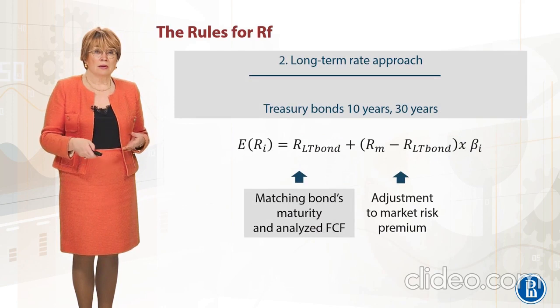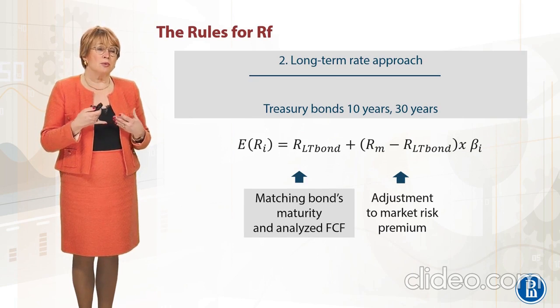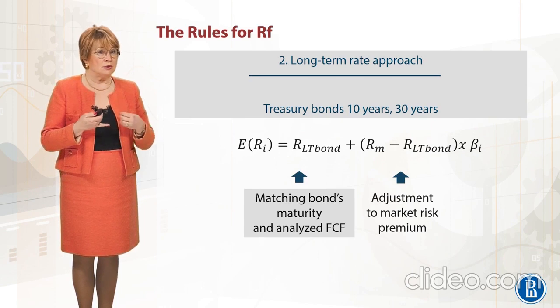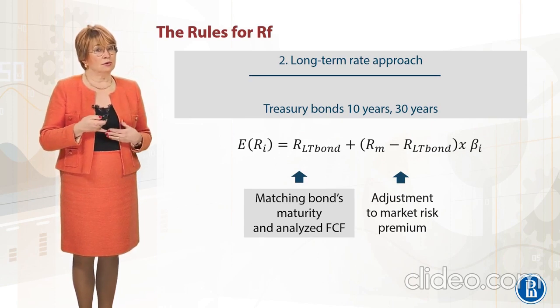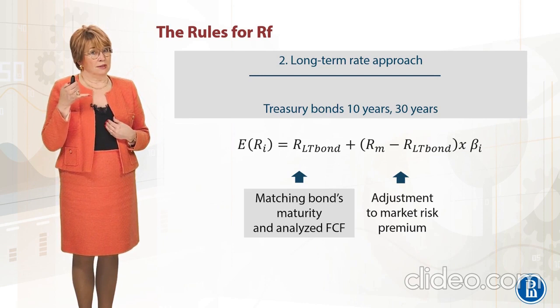So, rule number 2. Maybe we will not apply the approach previously discussed. That will mean that we would like to stick to the treasury bonds, which may have a very long maturity or duration, 10 years or even 30 years.